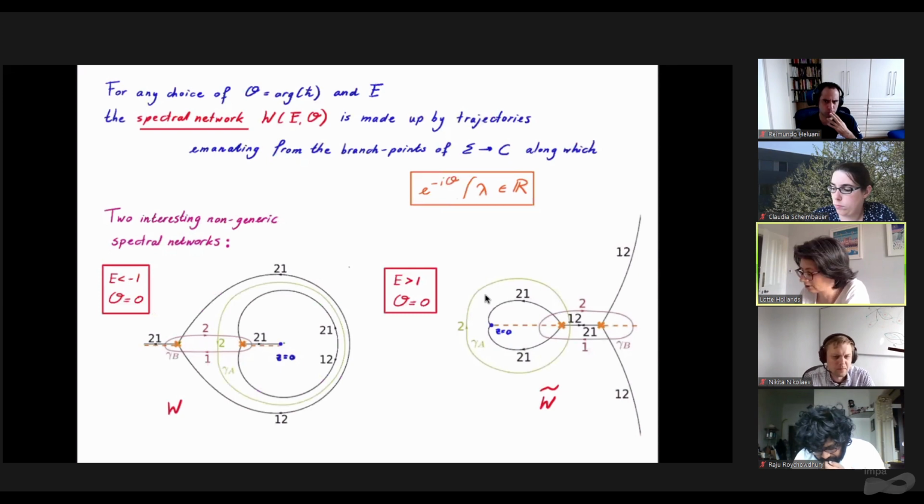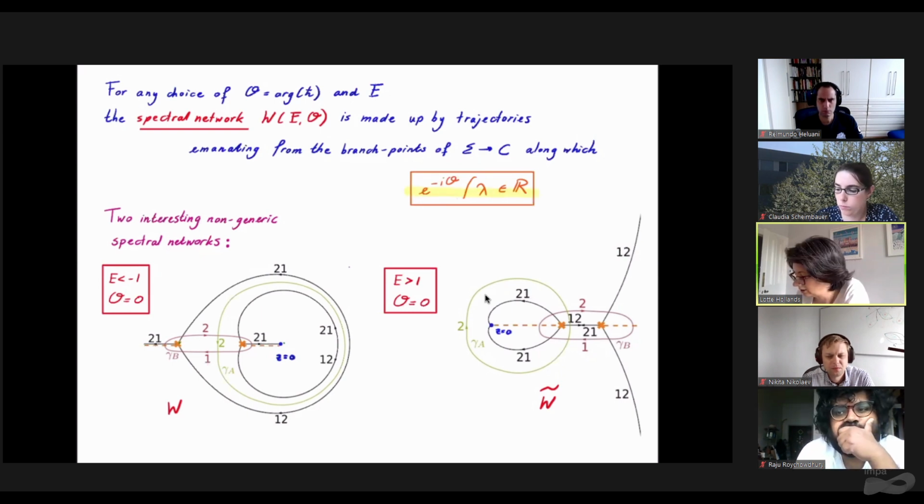A spectral network is a collection of trajectories on C. It's made out of trajectories which all emanate from the branch points of this covering. And these trajectories have to satisfy this constraint, namely that e to the power minus i theta times the integral of the one form lambda must be real.